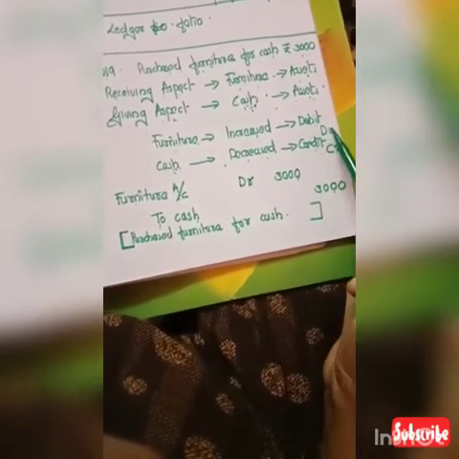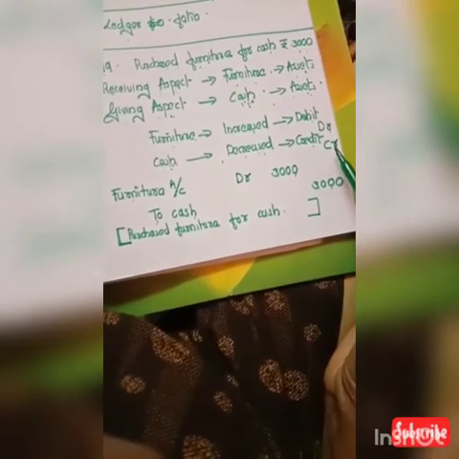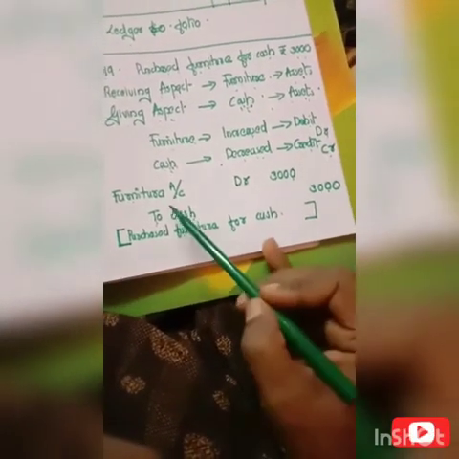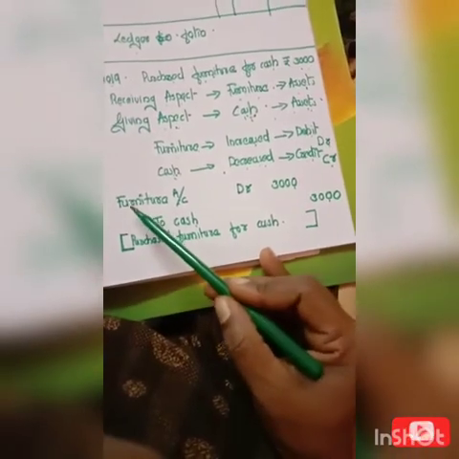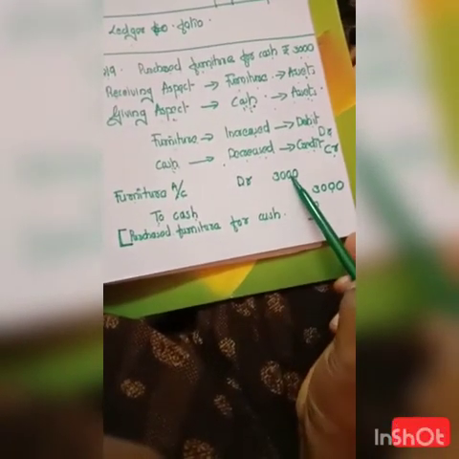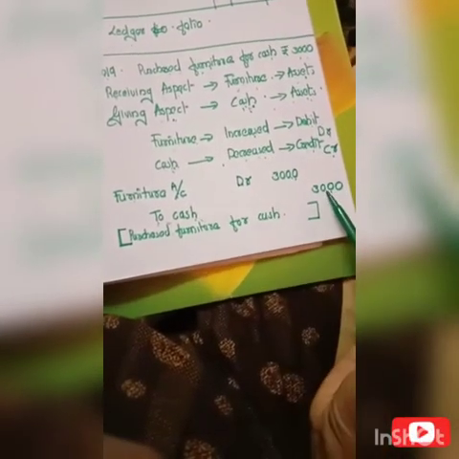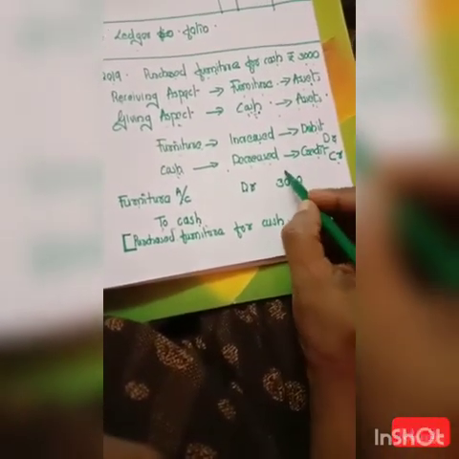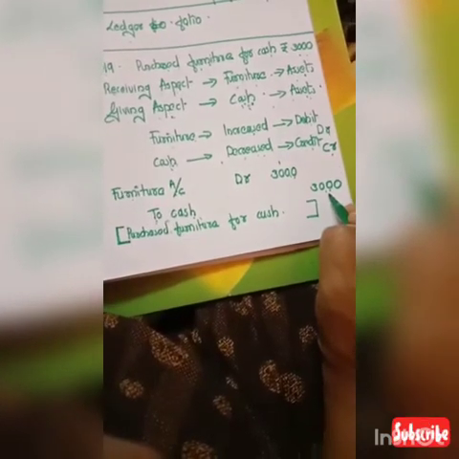The short form of debit is DR and the short form of credit is CR. So, we can write the journal entry as furniture account debtor 3,000 to cash 3,000. Here we are representing the debit amount and here the credit amount.